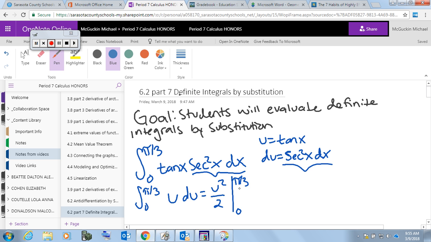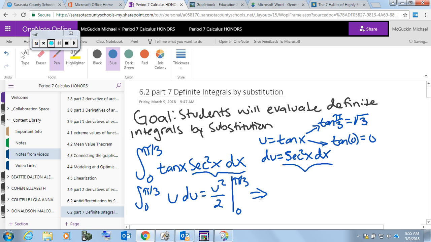I know a lot of scholars like to plug these values into u, so let's take care of that first and foremost. I'm going to put this over here and say that tangent of pi thirds is equal to the square root of 3, and tangent of 0 is 0. So what this really shows us is that we're not evaluating u from 0 to pi thirds.